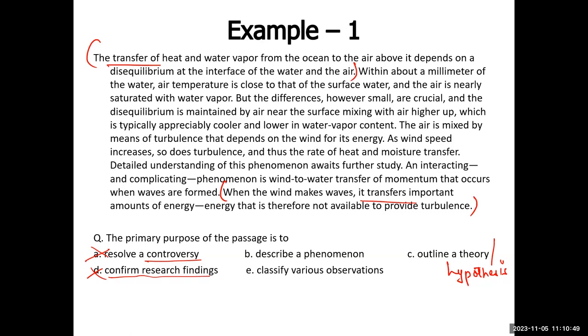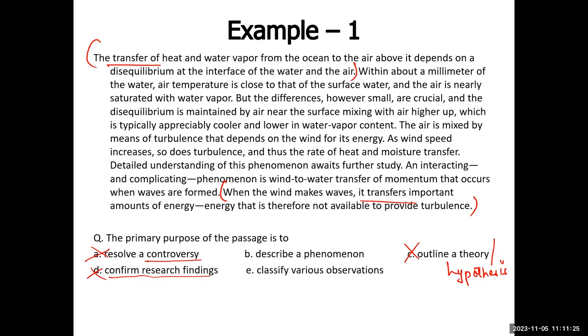Because if he outlines a theory or hypothesis, he will tell you whose theory or hypothesis this is. A background on it. Yes, he will say, according to so and so, according to my studies, I have found that. So the theory and hypothesis, this will generally happen when he tells you whose theory or hypothesis this is. So nothing of that sort is happening here. C also will not work.